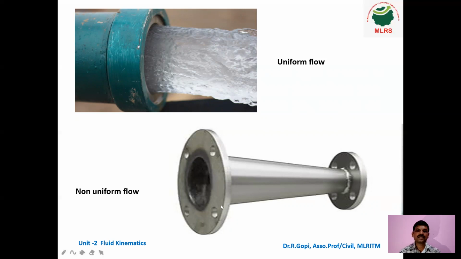So here the discharge is the same at both ends, but the velocity is different. Due to the larger area here, velocity is low, but here the diameter is small, so velocity is high. This is called non-uniform flow. This type of non-uniform flow occurs in a pipe having varying cross section, that means varying diameter.